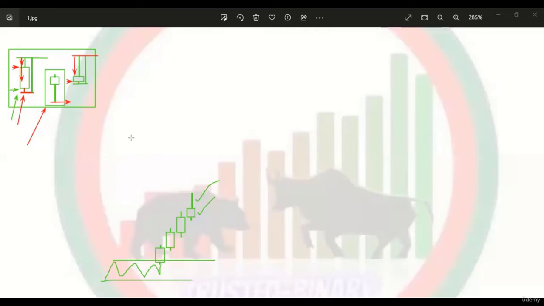Now, we will not analyze just these two candlesticks. We have to analyze the total market condition, then only we can get a perfect result.